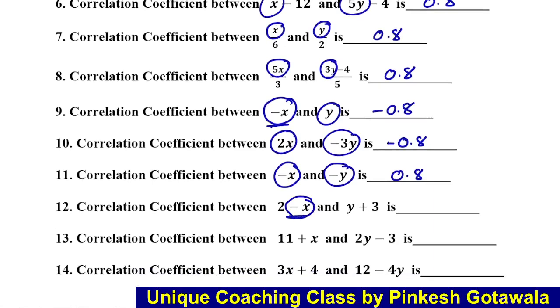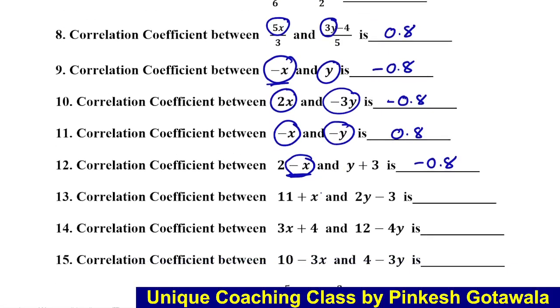Okay, here x becomes minus, just see that x becomes minus. And no change in y, so here also it becomes 0.8. Okay, x has come into minus, just see that. Here x positive, y also positive, so 0.8. Here x positive, but y becomes minus. Look here, y becomes minus, so it would be minus 0.8.